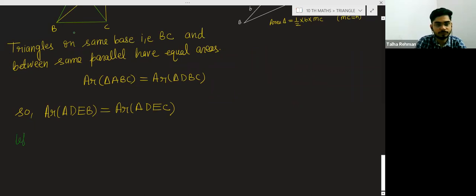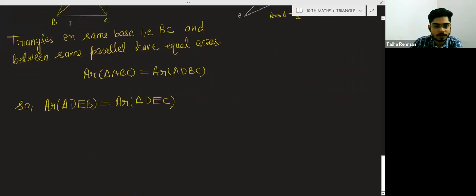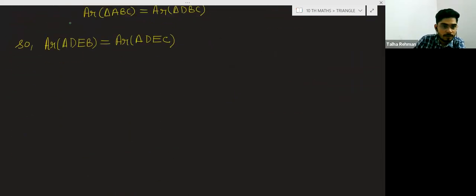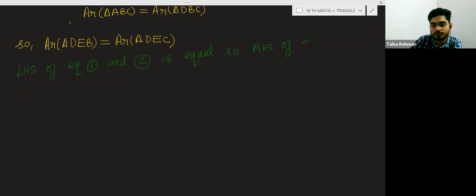So you can say LHS, left hand side of equation 1 and 2, is equal. So you can say the right hand side of equation 1 and 2 must be equal.